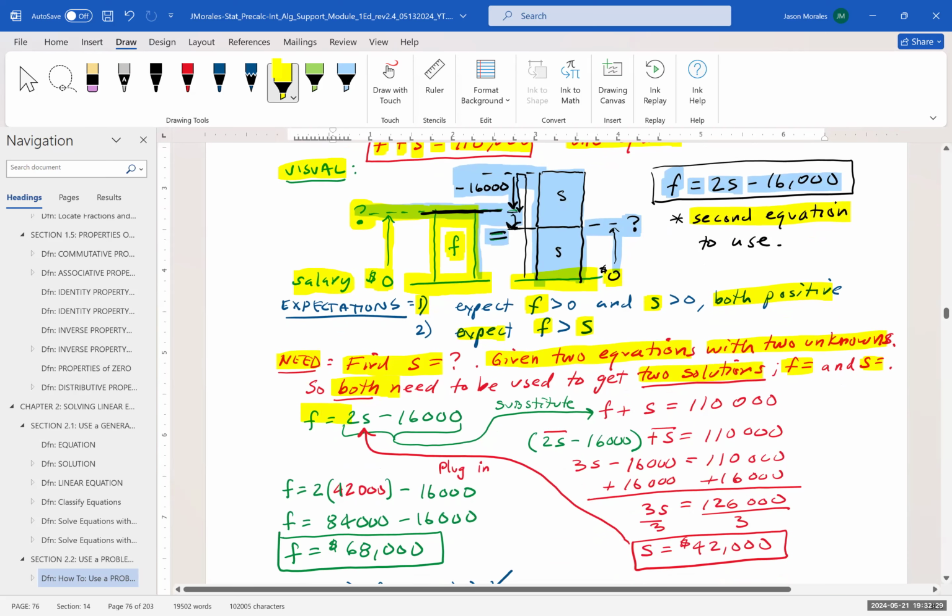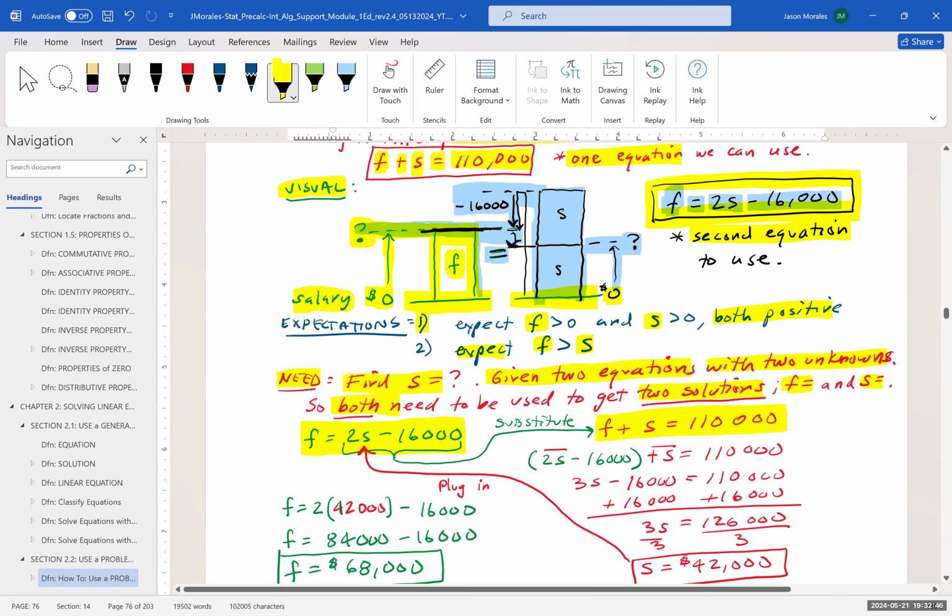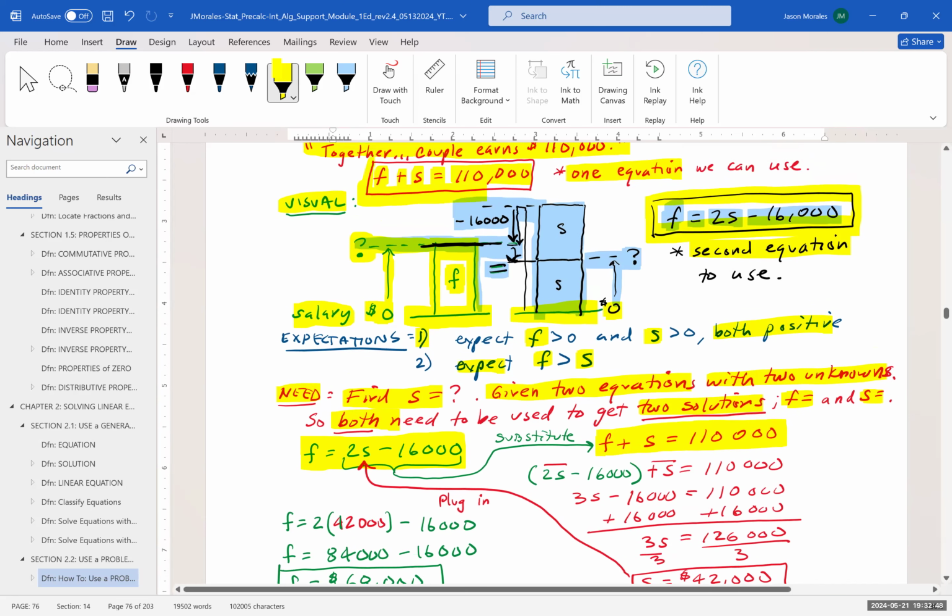So here's our first equation, or actually this was our second. F is equal to 2S minus 16,000. That was this one up above. And then our second equation was the amount of the first spouse plus the second spouse equals 110,000. And that was what we had up here at the top.